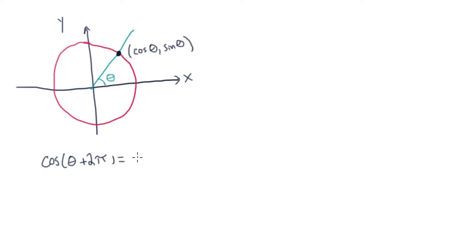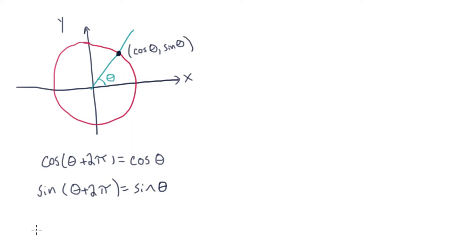So I'm going to have the same x-coordinate. So this is cosine of theta. Same thing for sine. Sine of theta plus 2 pi is sine theta.